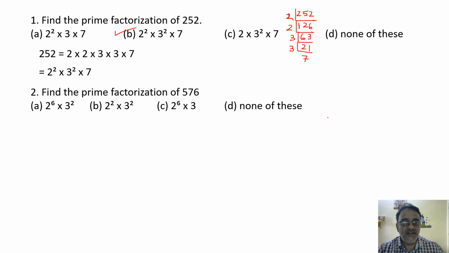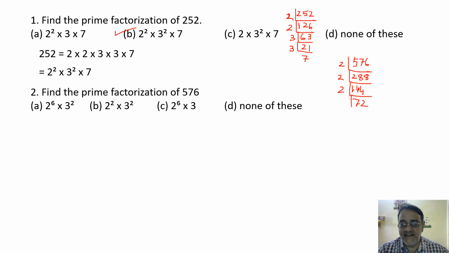Now the next question, find the prime factorization of 576. चलो 576 का निकाल लेते हैं. First you divide by 2. What you are going to get? 288. Very good. Again divide by 2. 144. Again divide by 2. 72.